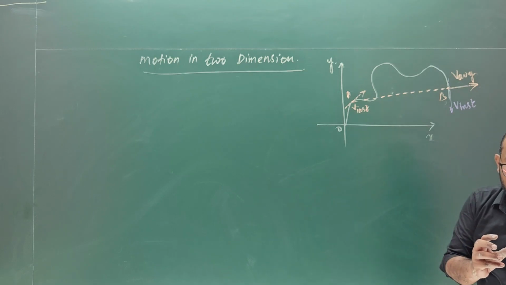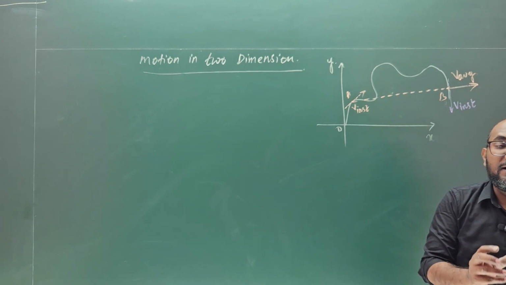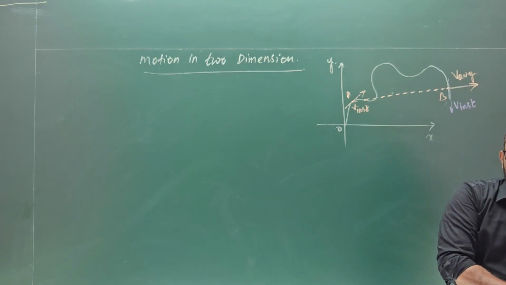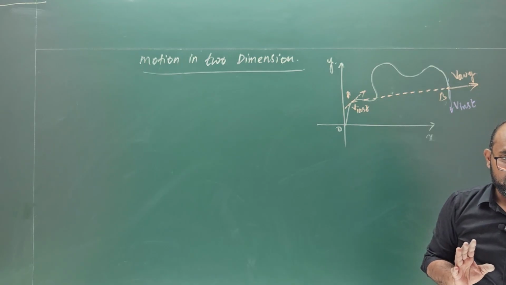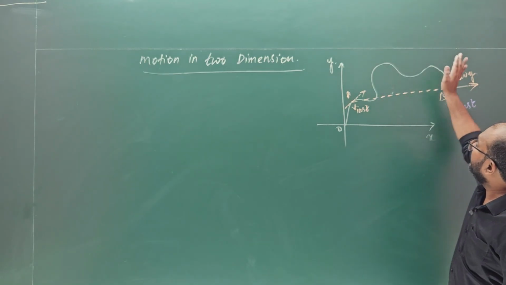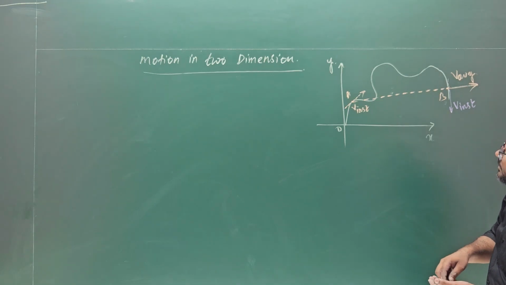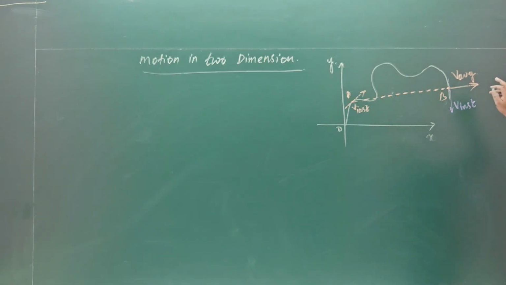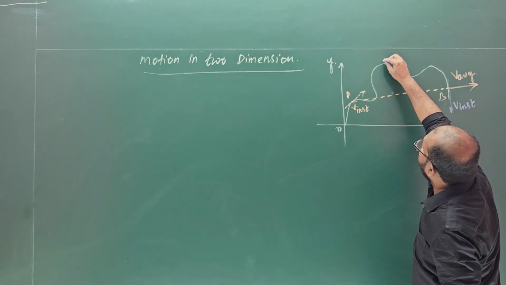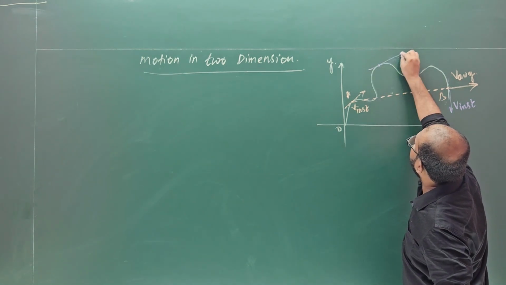Now what I am saying is average velocity is independent of the path. Listen carefully: average velocity is independent of the path between the initial point and the final point. Whatever the path in between, the average velocity between any two points will be directed in this direction. Similarly, consider this one has velocity in this direction.